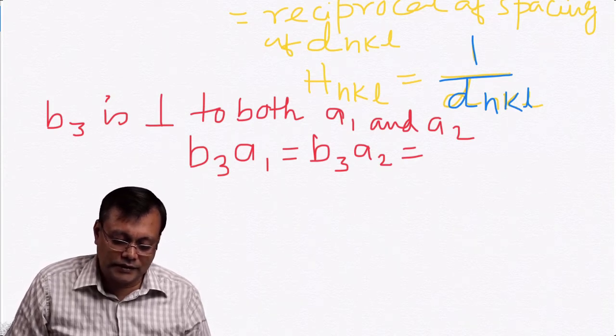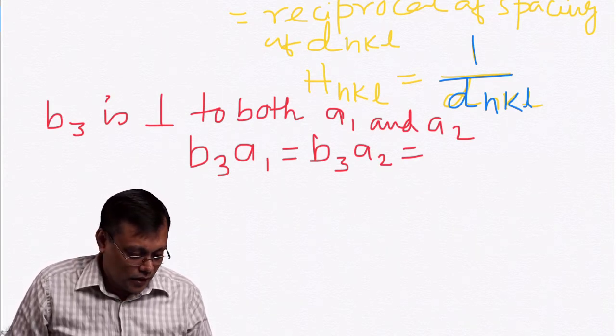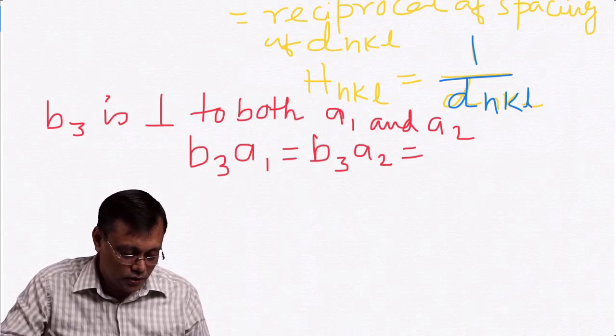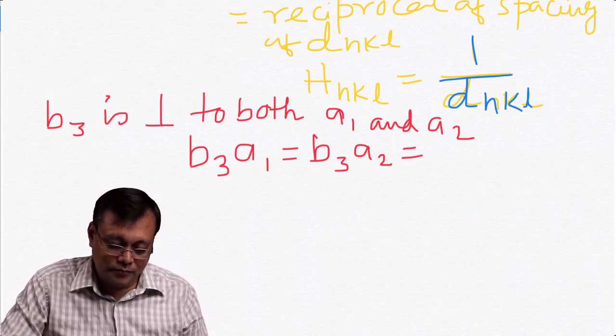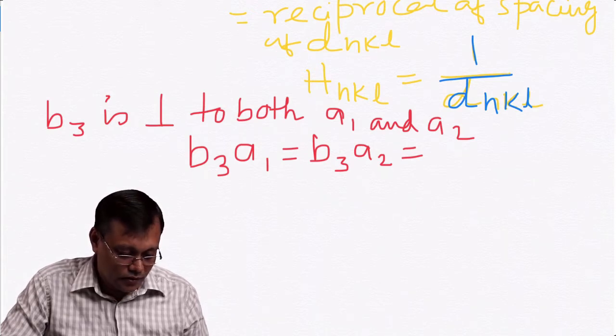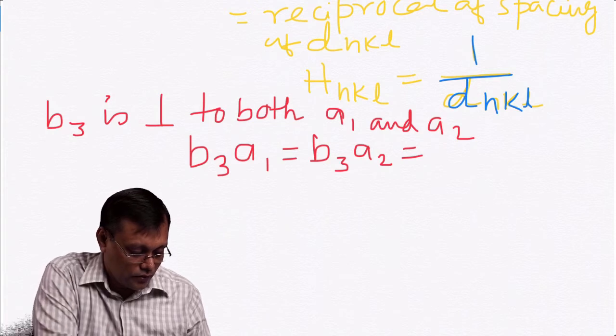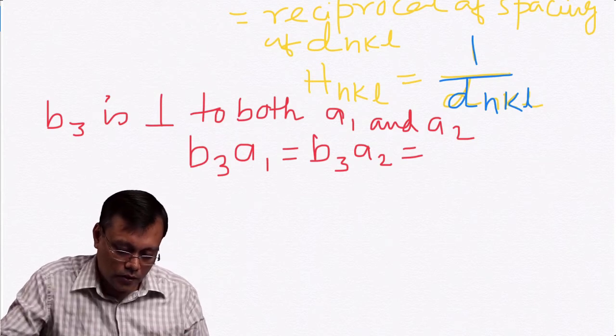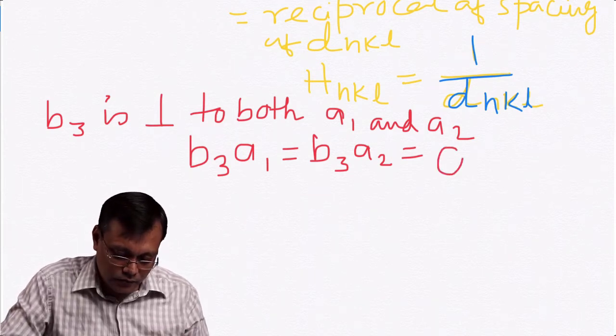How much should it be? Please have a look at the scalar product. There it is written cos. So cos alpha means cos 90 degrees. You must know that will be equal to 0.